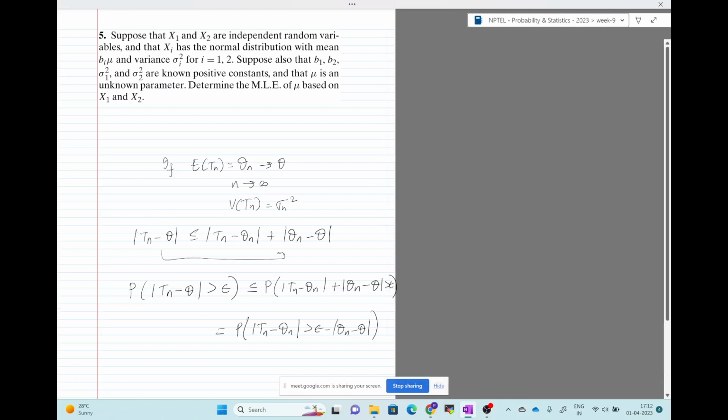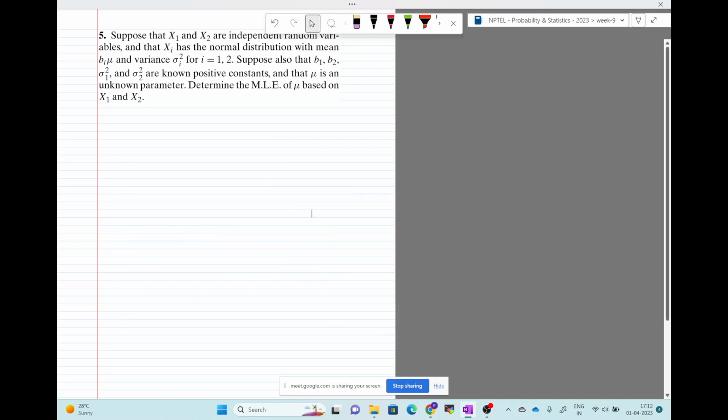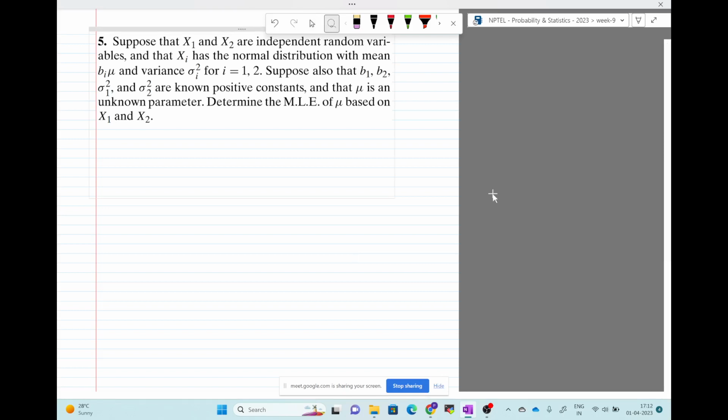So we'll just solve this one last question. We are given x1, x2, two independent random variables, and xi has a normal distribution with mean b_i mu and standard deviation sigma_i, where b1, b2, sigma1 and sigma2 are non-zero constants and mu is an unknown parameter.